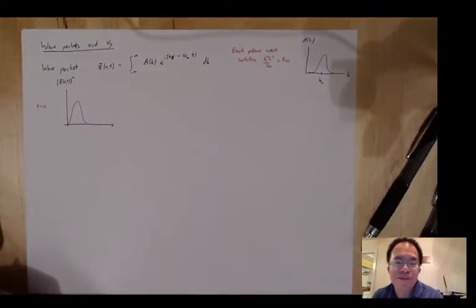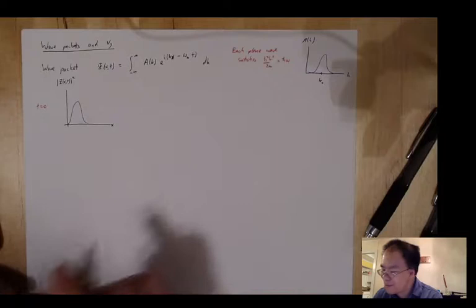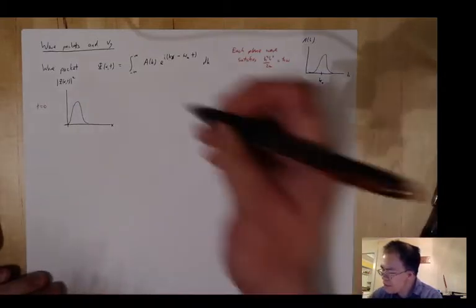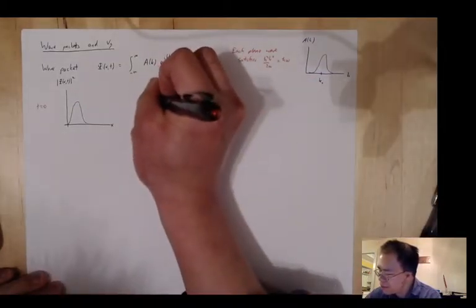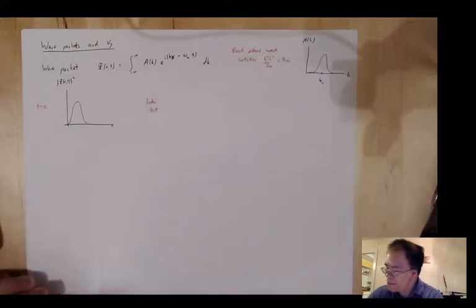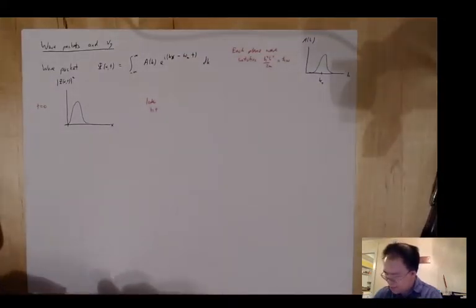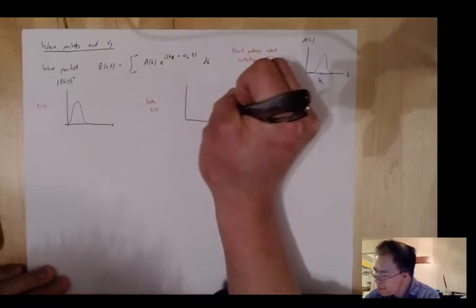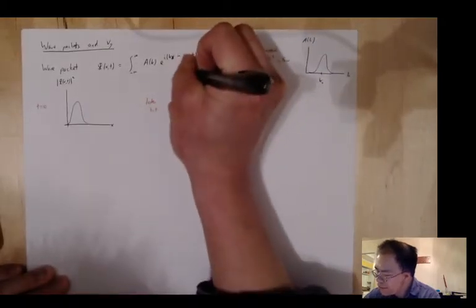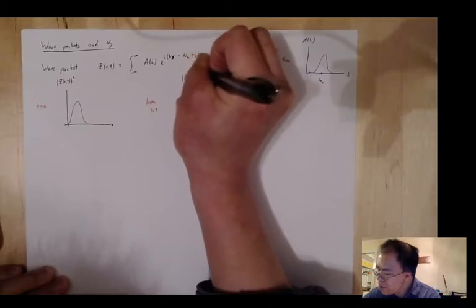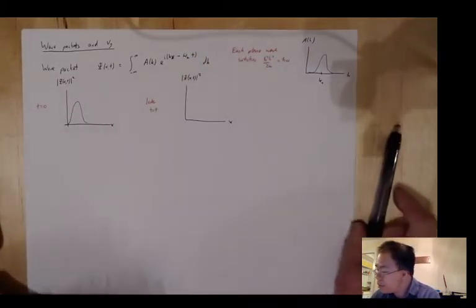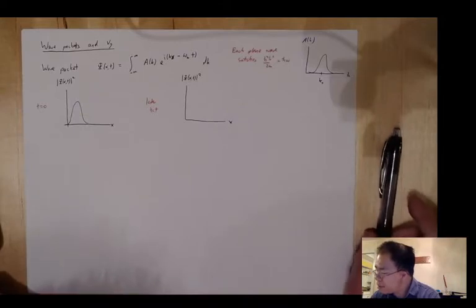I'm going to assume it's bell curve shaped again, but it's not the same as that. We'll now look later at t equals t. If I again plot x versus probability density, let's assume that this wave packet has, in fact, moved to the right.